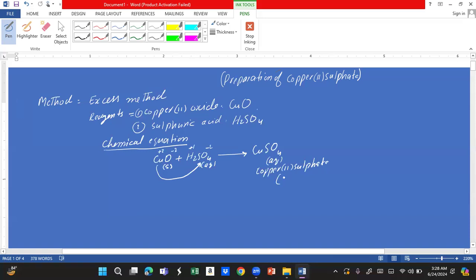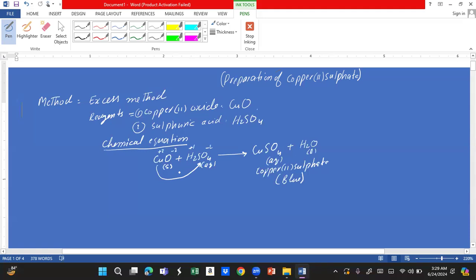It is blue in aqueous form. So along with copper(II) sulfate, what is left? Water will be produced, because hydrogen from the acid will combine with the oxygen from copper(II) oxide to produce H2O as a byproduct.